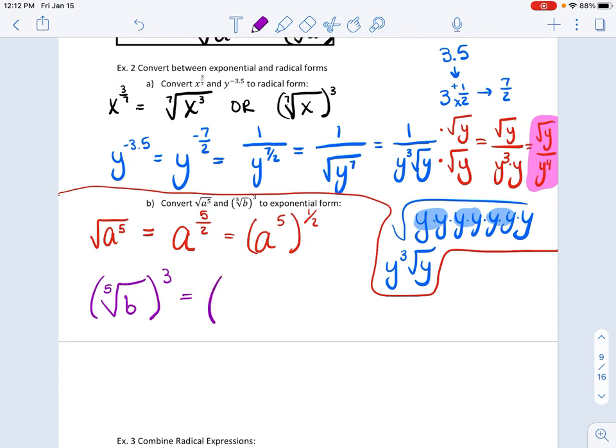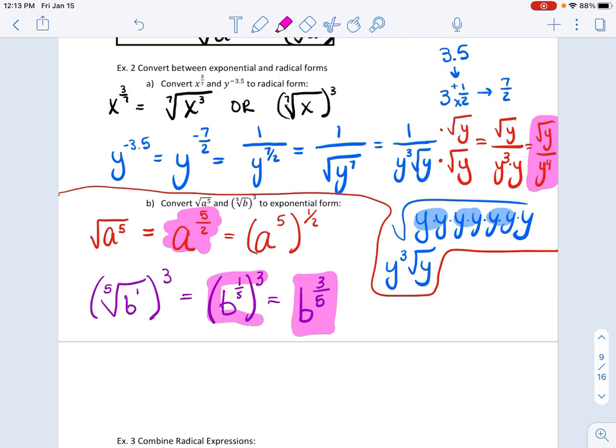So we have b to the 1/5 power to the 3rd power, because we have 1 over 5 times this cubed on the outside. And then you can just multiply that through, so b to the 3 over 5 power is our solution.